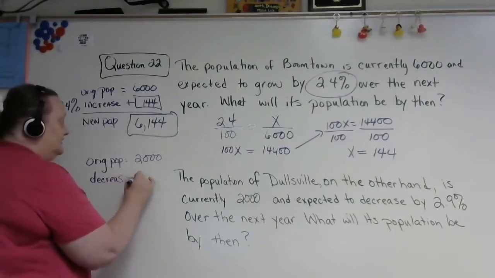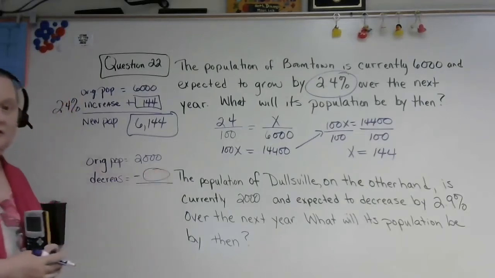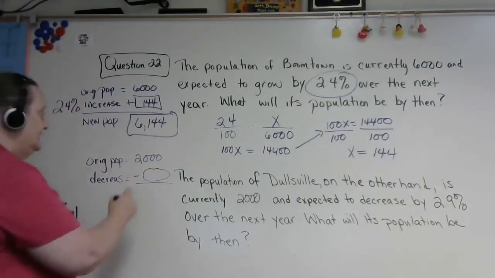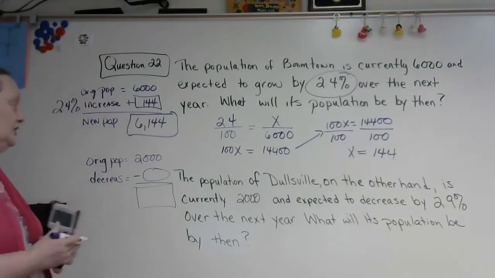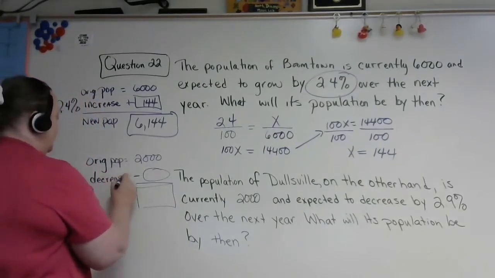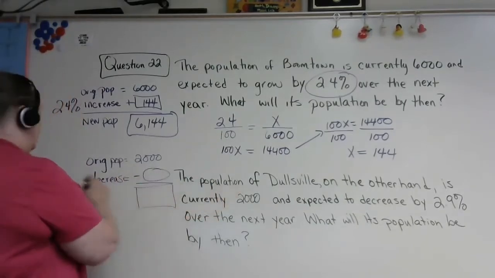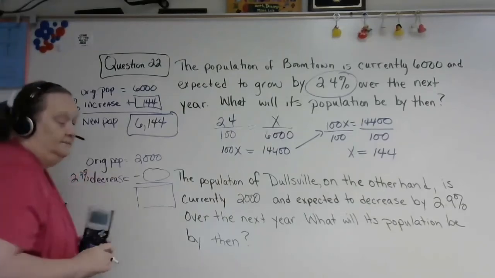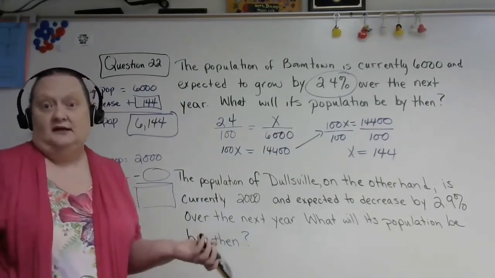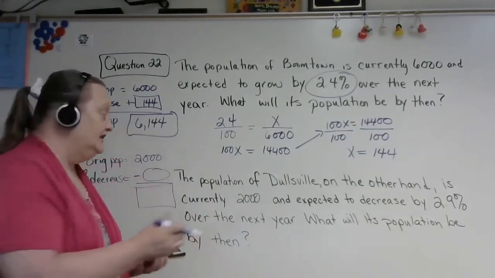That means we're going to subtract a value to get our final answer. The decrease is going to be 2.9%. Because I used a proportion before, I'll use an equation here.